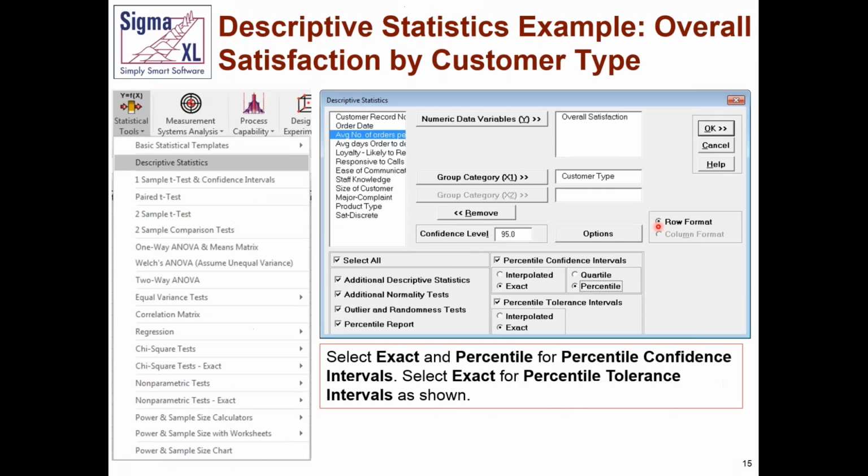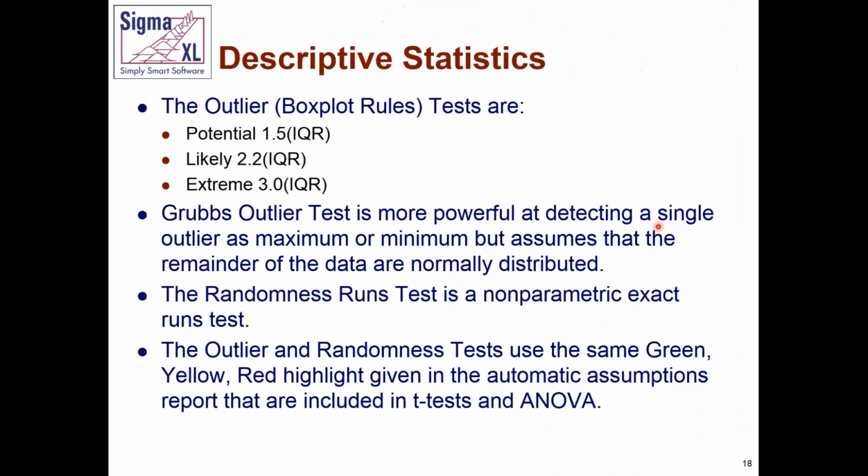I'll just go back to the slides here because I have a summary. Under the Boxplot rules, a point is a potential outlier when it exceeds Q3 plus 1.5 IQR or Q1 minus 1.5 IQR. Then likely is the 2.2 IQR, and extreme is the 3 IQR.